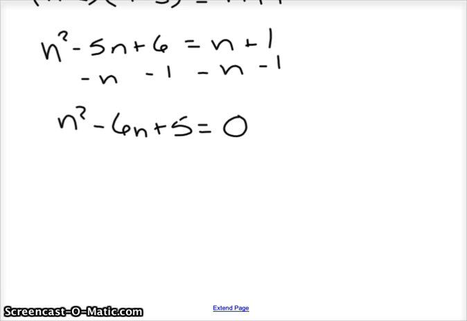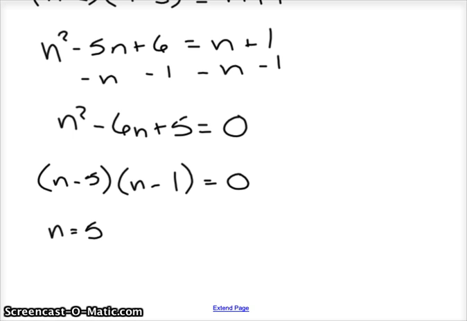I can use my zero product property, so I'm going to try to factor now the n squared minus 6n plus 5. So I need two numbers that multiply to 5, add to negative 6, which is going to be n minus 5 and n minus 1, which means either n equals 5 or n equals 1.